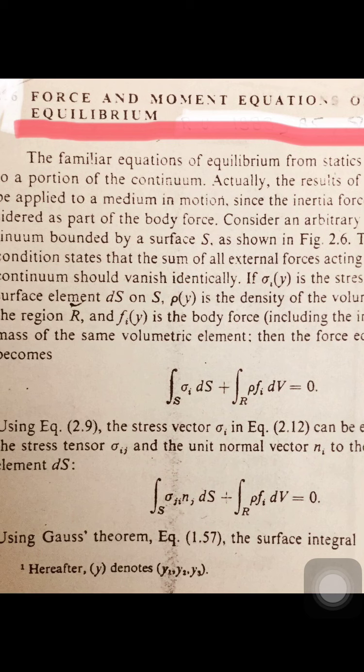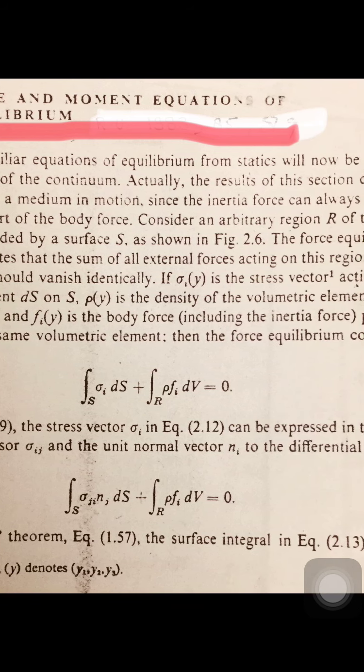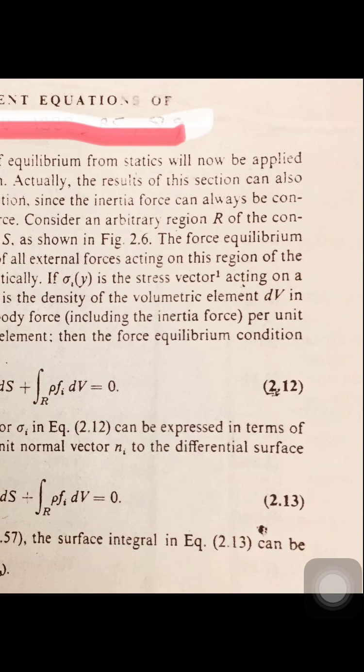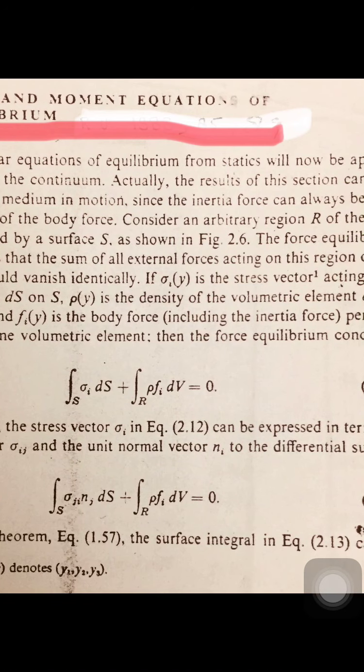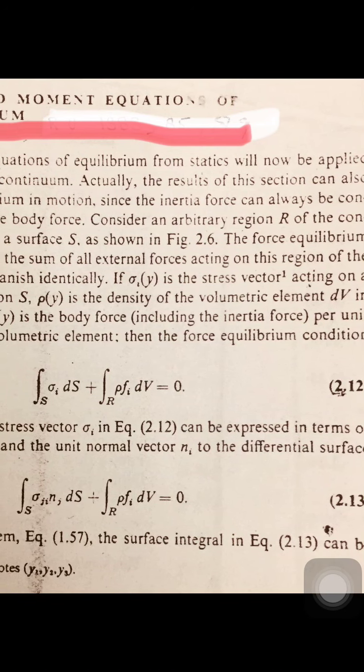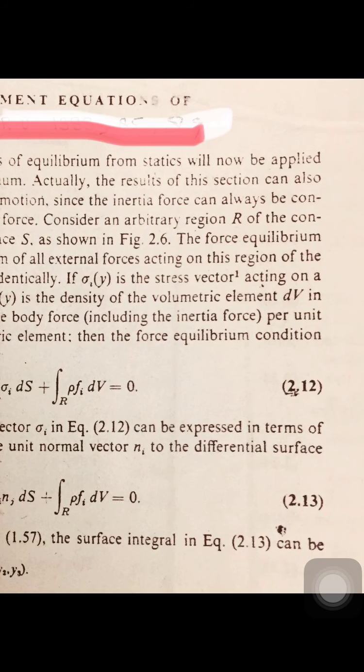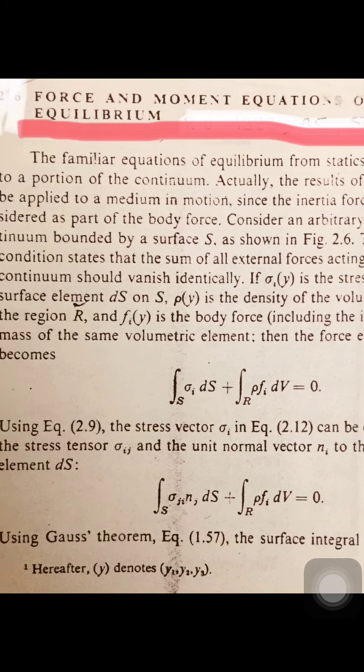So we substitute sigma_ji n_j in place of sigma_i in the first integral. So we get equation 2.13: the integral over S of sigma_ji n_j dS plus the region integral of rho F_i dV equals 0. That is equation 2.13. Okay.